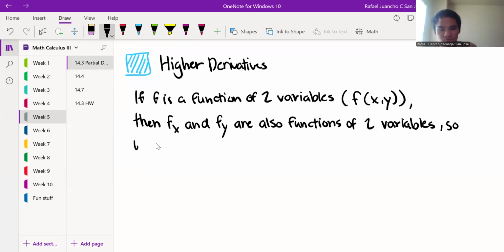So we can also get their partial derivatives. Every time we find a function of two variables, or three or four, or many, we can get their partial derivatives.